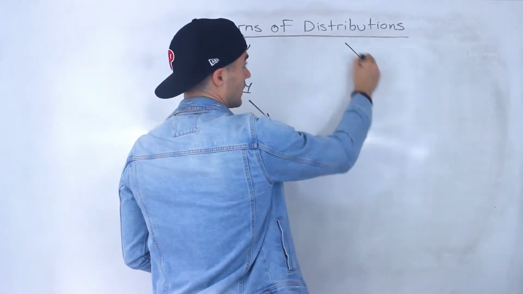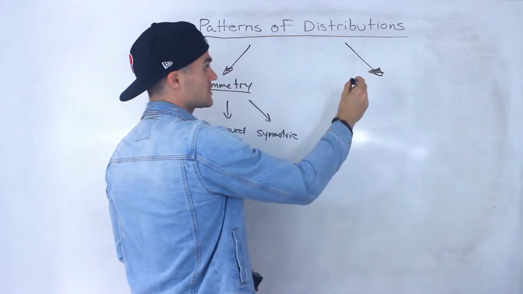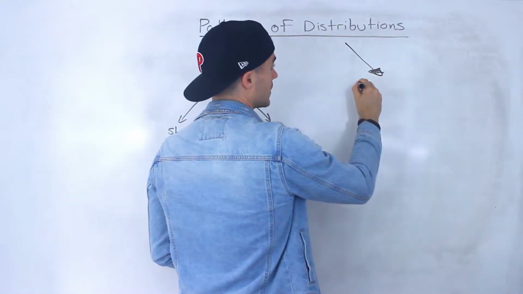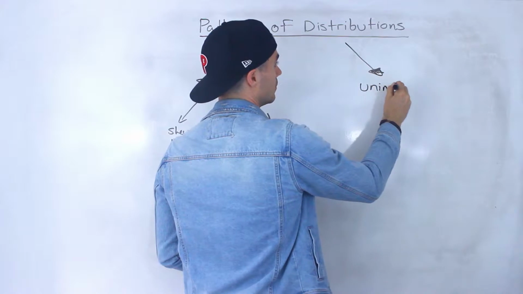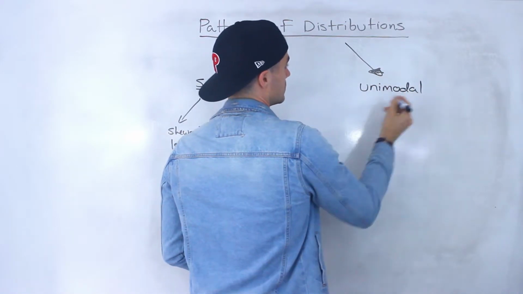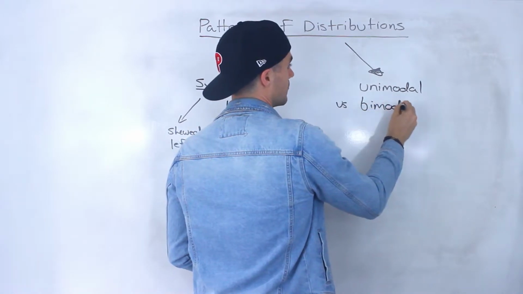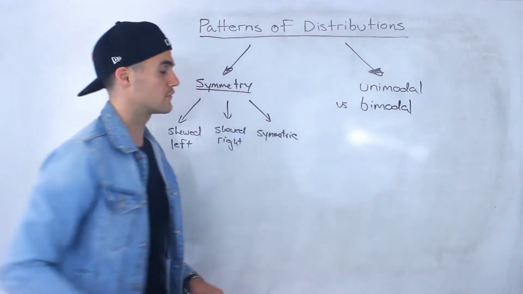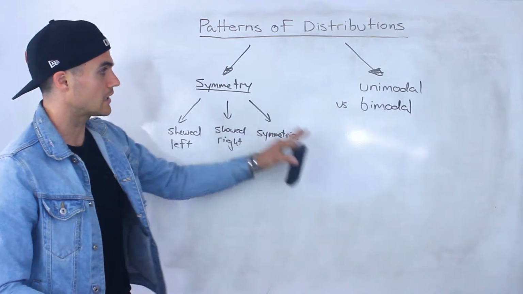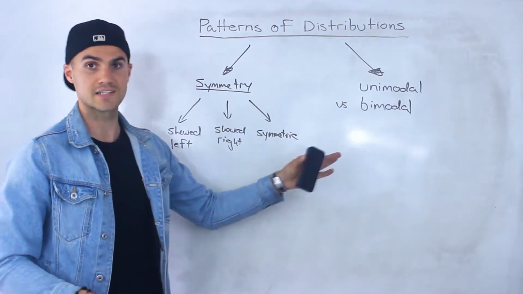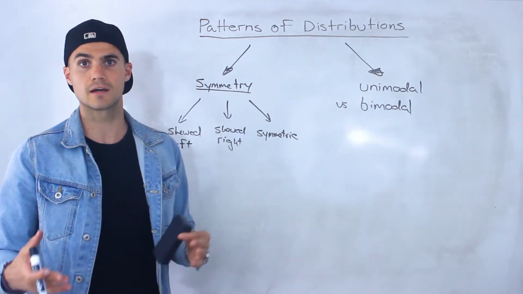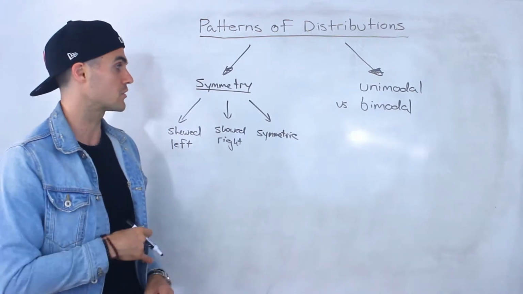Also, when I'm talking about patterns of distributions, I want to talk about unimodal distributions versus bimodal, what those mean, and what the differences are. I'm going to be relating all these concepts to a stem plot, a histogram, and a density curve that we've covered in the previous videos.